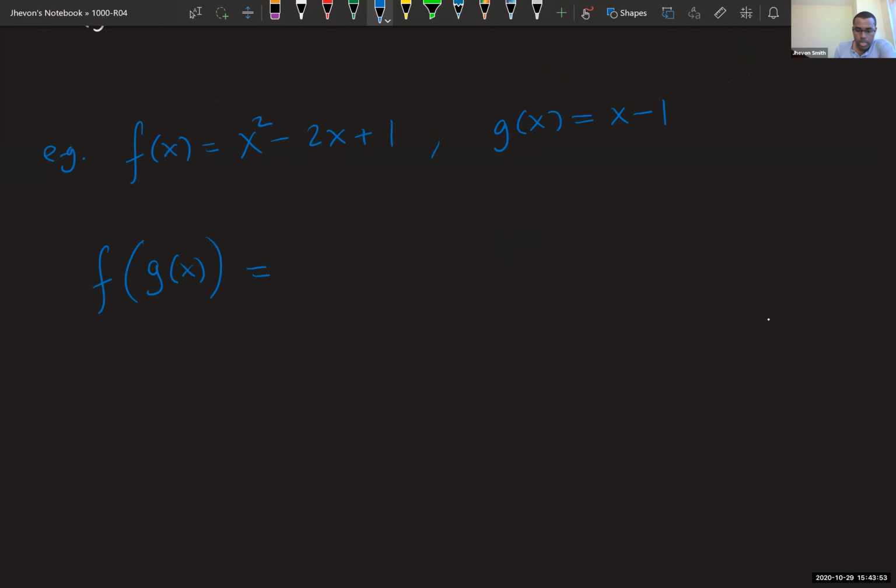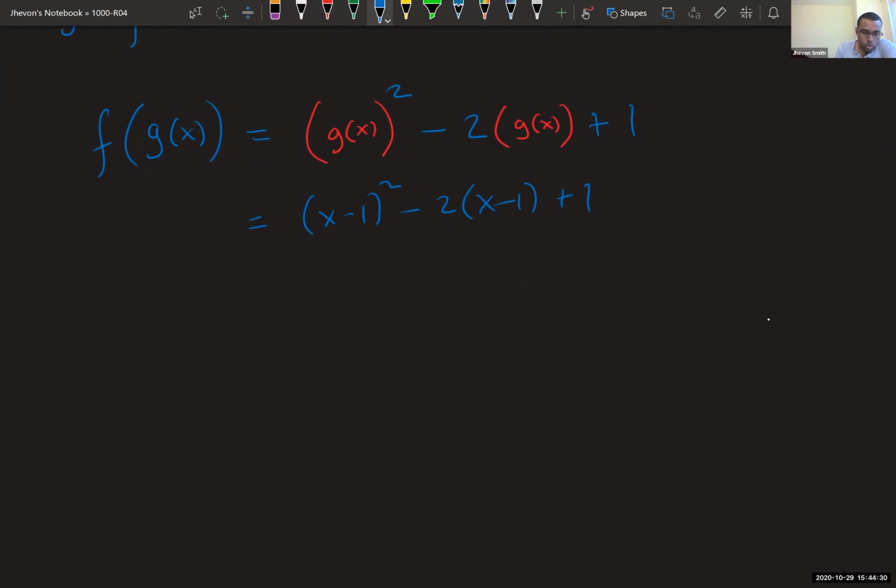Well, everywhere I see an x in f, I now plug in parentheses g of x. So it's going to be that squared minus 2 times that plus 1. And so that's going to be x minus 1 all squared minus 2 times x minus 1 plus 1.